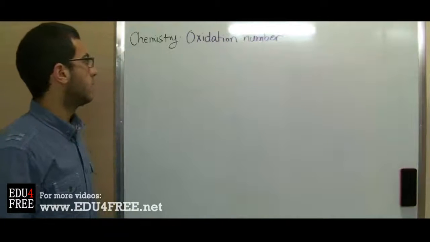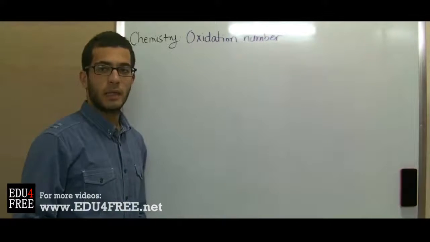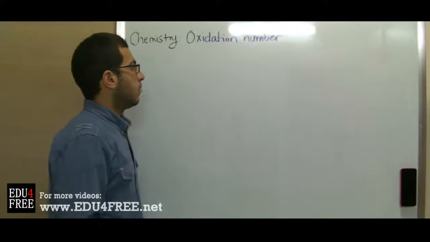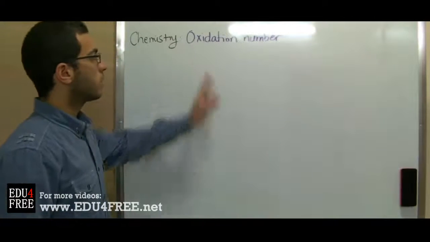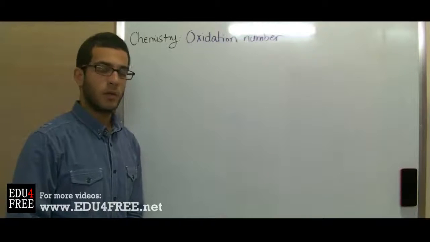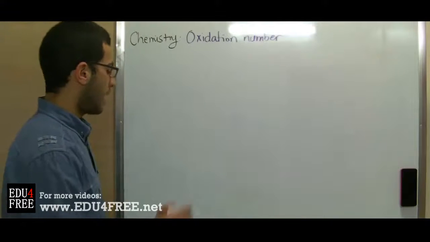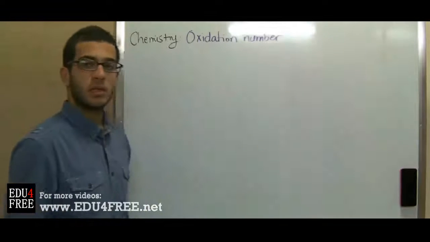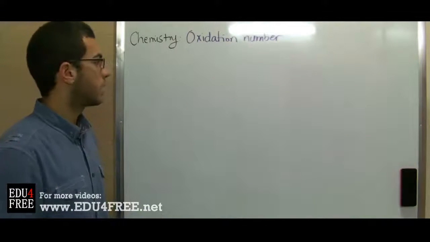Now we know how to get the oxidation number in ionic and covalent compounds. But we have to know that in covalent compounds, most of the elements have a fixed oxidation number, but some of them have an oxidation number that varies in some rare cases.